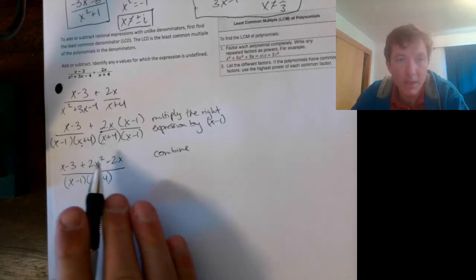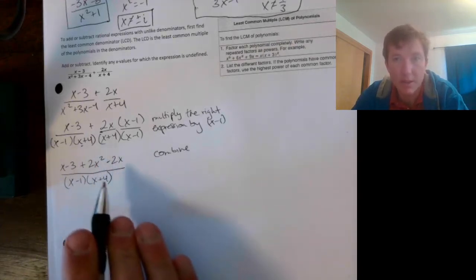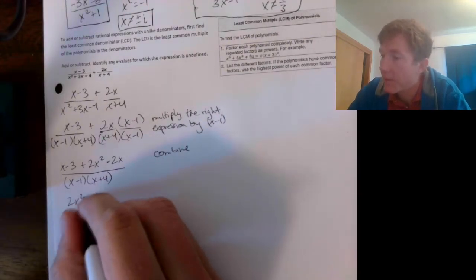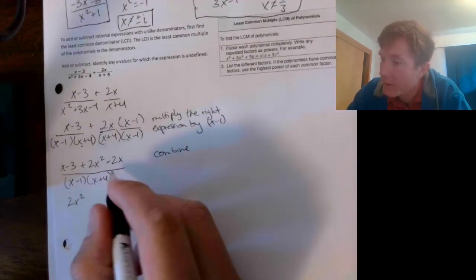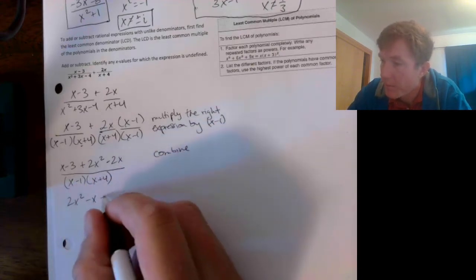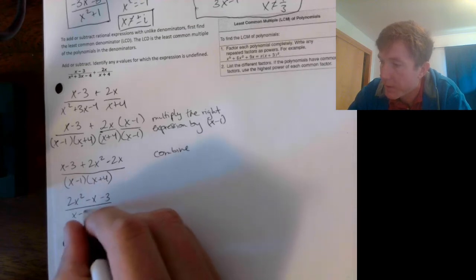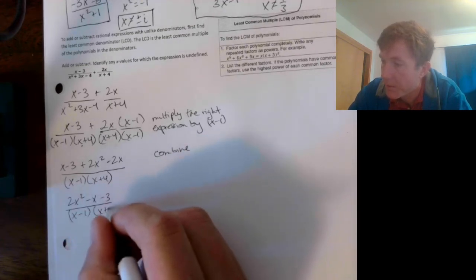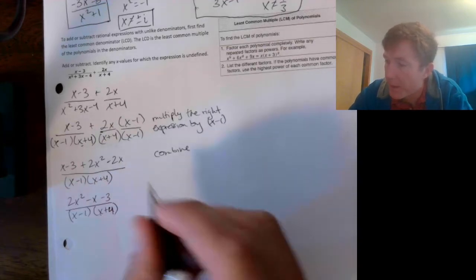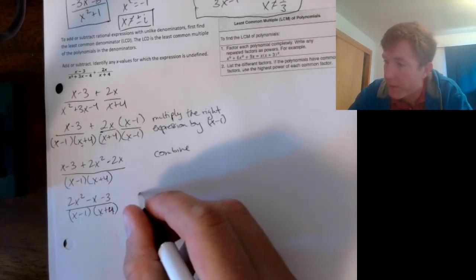What I'm going to do is combine these and then factor it and see if I can cross anything out. So let's combine this. I get 2x squared minus 2x plus x will be minus x minus 3 over x minus 1 times x plus 4. So this is, again, simplifying.